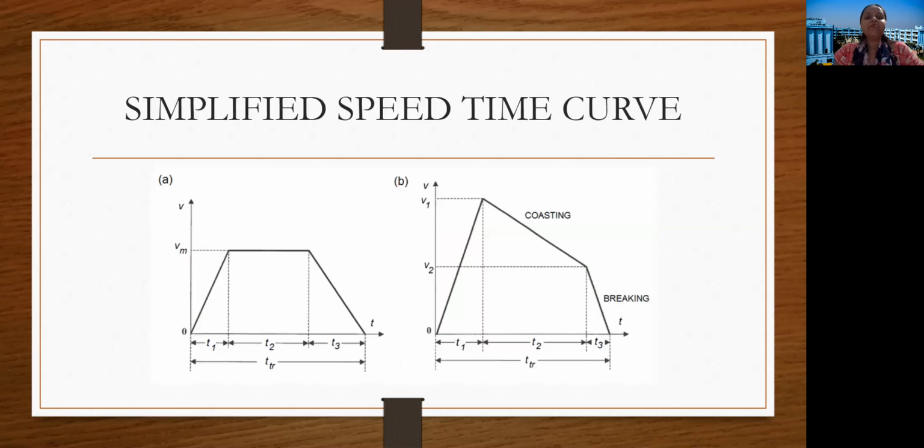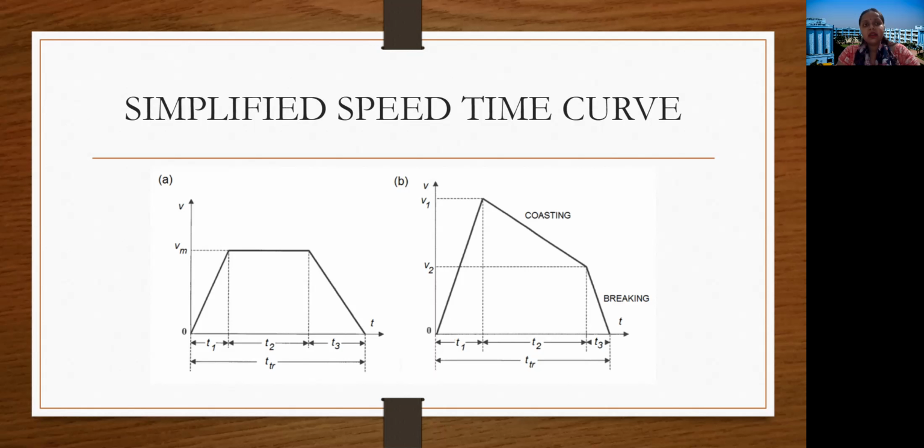Now come to the simplified speed time curve. Why do we need to simplify this? Suppose we have 2 trains from our station Howrah. One is traveling to Delhi, another one is traveling to Burdwan.